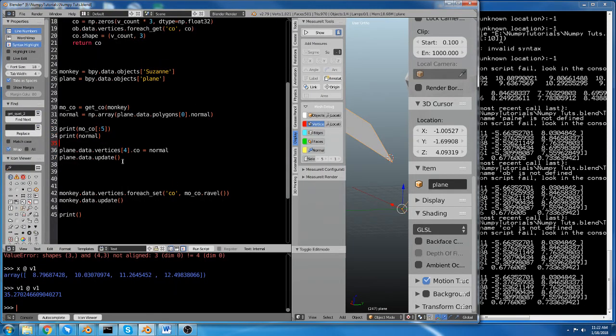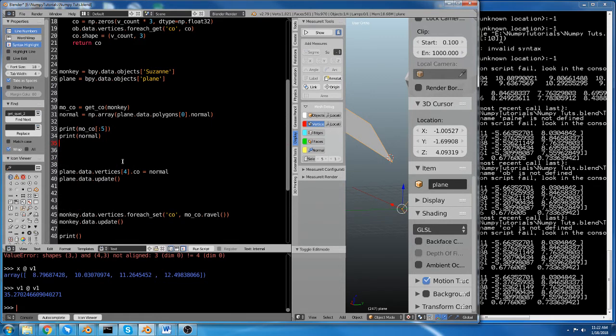First thing we do, we've got our normal, now we need an origin. So we're going to say origin equals, we're going to do something similar to this up here, so I'm just going to copy it. So origin equals np.array(plane.data.vertices[0].co).